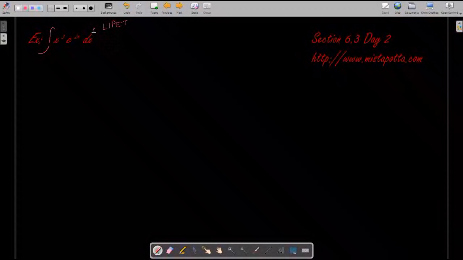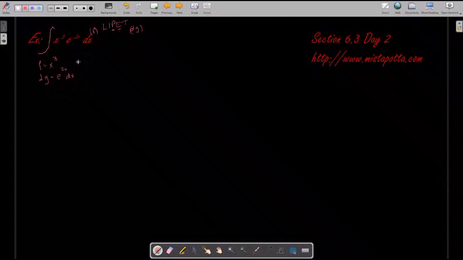Remember that the closer I am to the front of LIATE, the more likely a function is going to be my f, and the closer I am to the end, the more likely that I'm going to be dealing with dg. And I notice here that I have a polynomial and an exponential. So I'm going to let f be my polynomial term, x cubed, and my differential dg is going to be this e to the 2x dx.